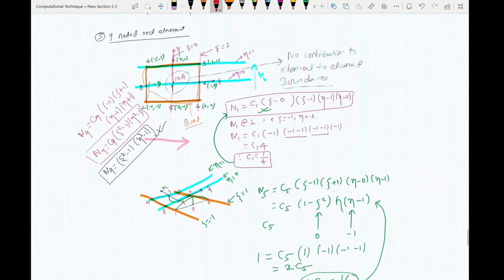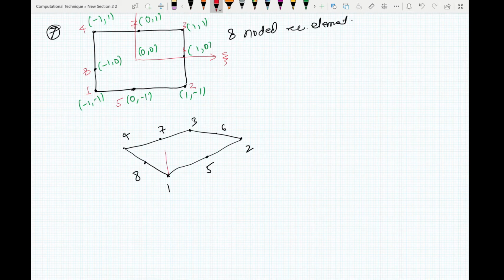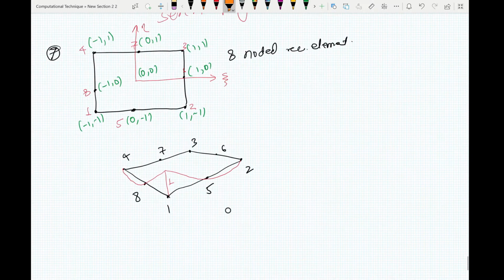Let's try to solve. Let's draw the shape function for the first node. Now what we'll have here is you'll get 1 here, and then it will become 0 like this, 0 like this. But you see at the central node you don't have 0 here. Now you can see here that our shape function must be 0 along this line. You have this line and you have this line as well.